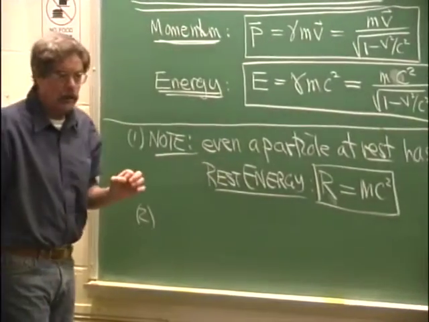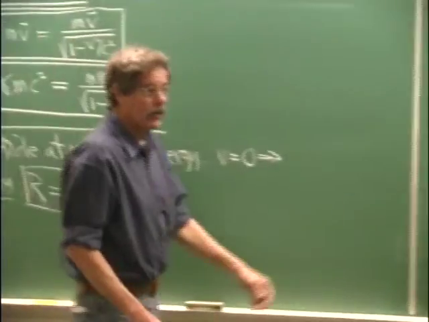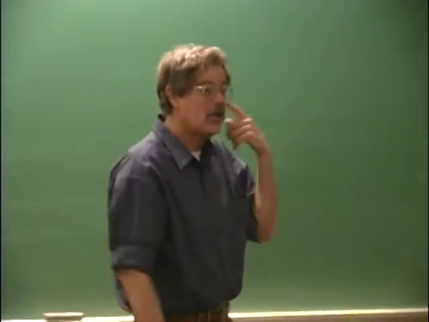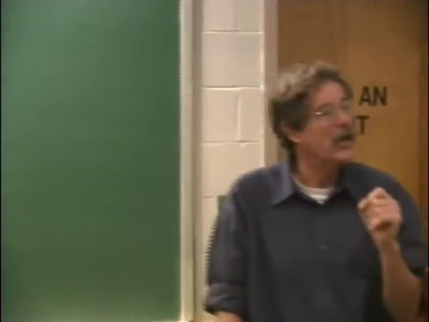Residual energy that's there, according to Einstein, even for a particle at rest. If it's moving, then it has some extra energy in addition to that rest energy, energy associated with the motion of the particle. That's the generalization of kinetic energy, right? That would be the energy that's attributable to the motion itself.